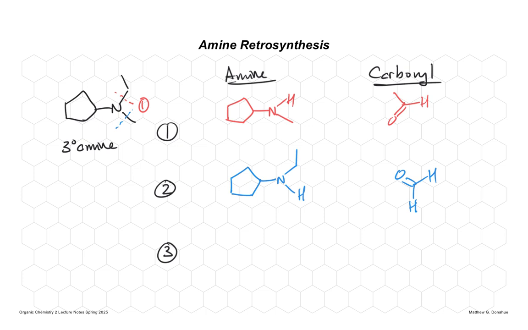Then the third scenario, we're still starting with a secondary amine. But now our carbonyl compound is going to be a ketone.